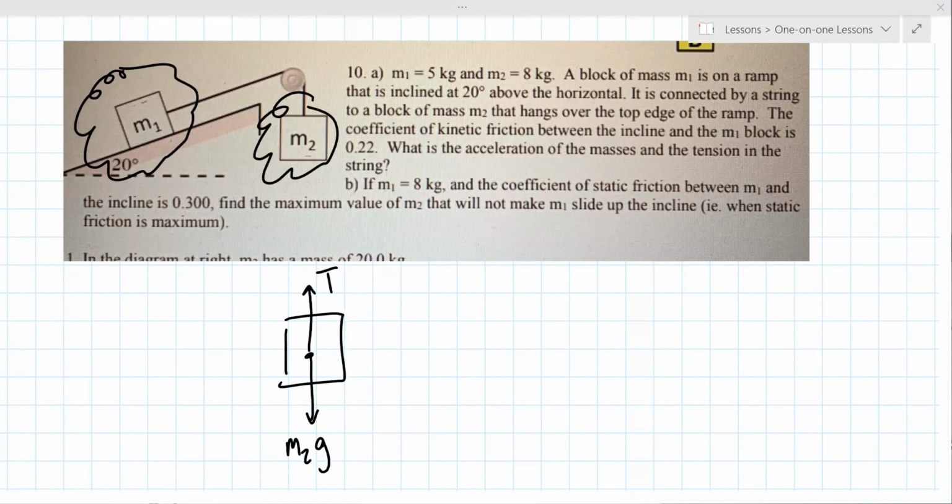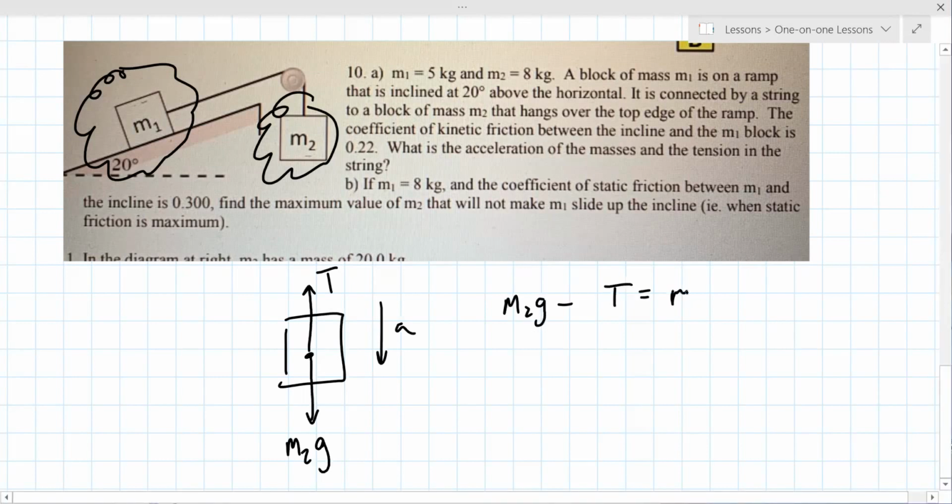So let's do the sum of the forces. We're going to assume that the acceleration is this way, so that means down is positive. Acceleration goes down, we have tension, so we have M2g minus T equals M2a.